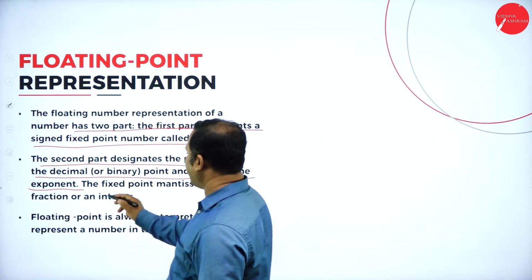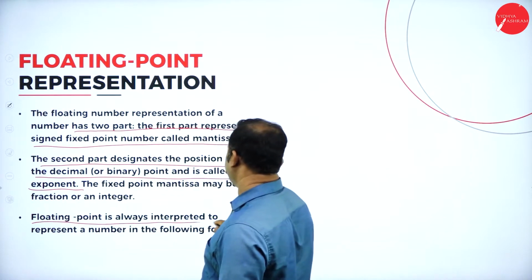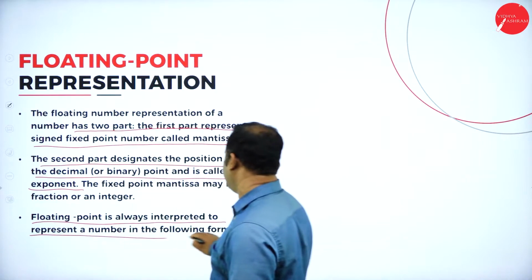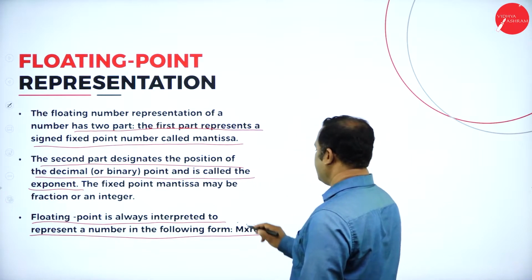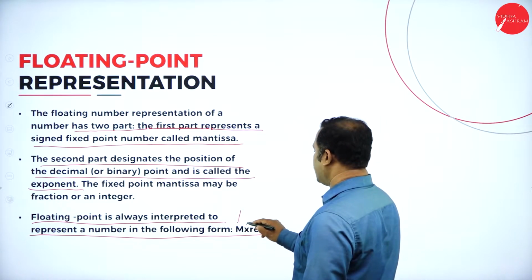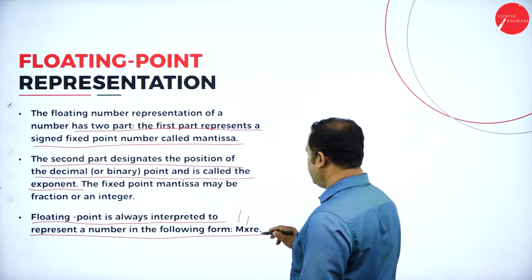Then the floating point number is always interpreted to represent a number in the following form: M x R^E, where M stands for mantissa, and E for exponent.